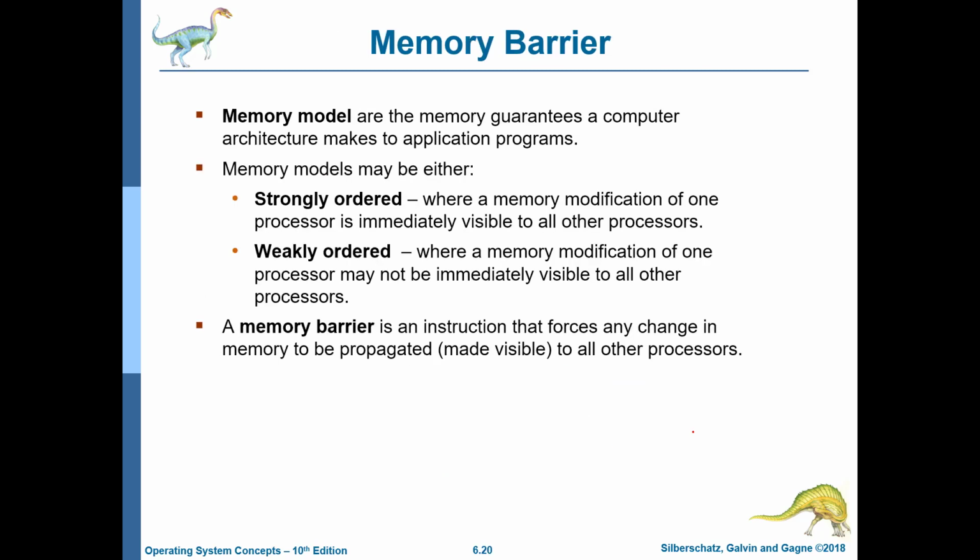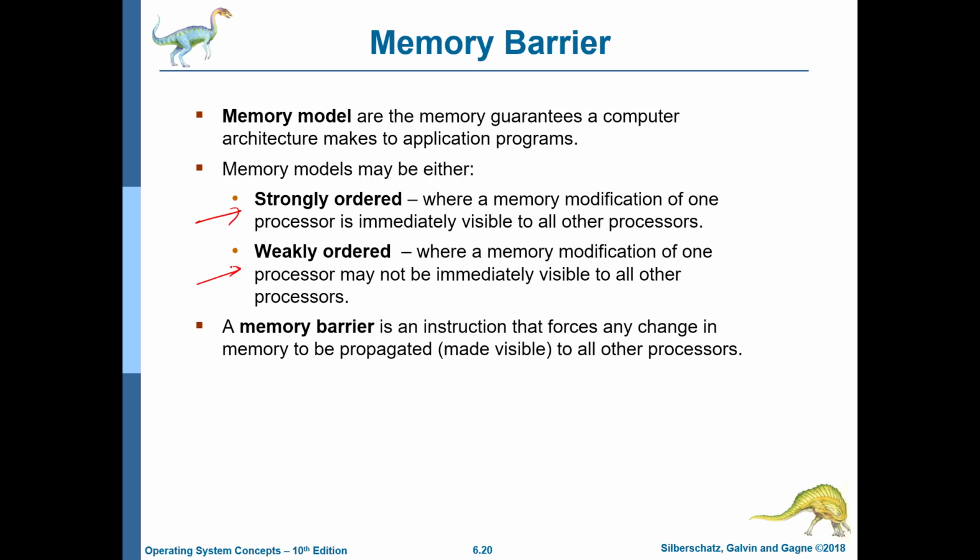Of course there are memory models. Every processor defines something called a memory model, which says which instructions can be reordered with respect to each other. Memory models define strong ordering and weak ordering. Strong ordering means that a modification by one processor is immediately visible to all other processors, including in the same order.